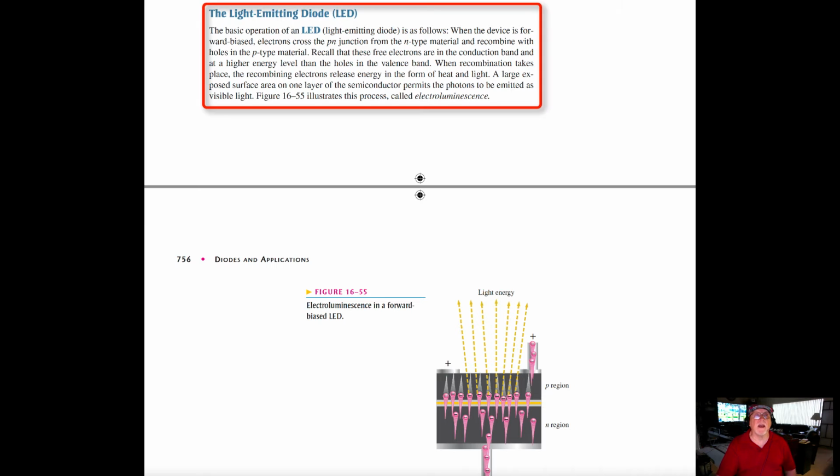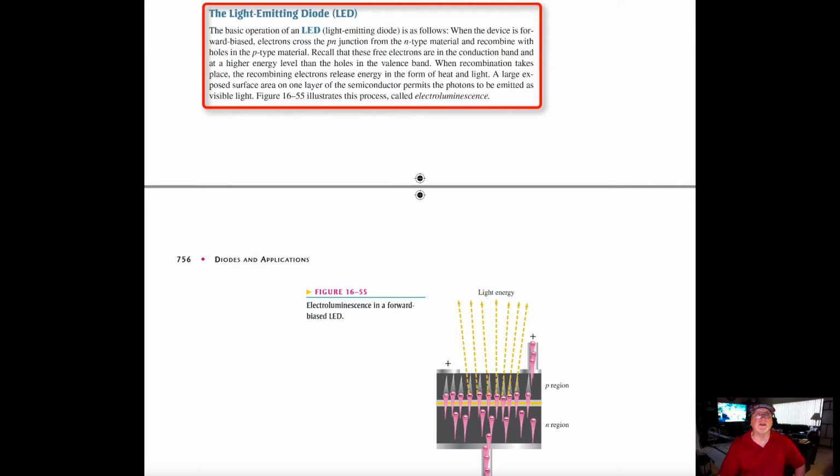The light emitting diode, or LED. The basic operation of an LED is as follows. When the device is forward biased, electrons cross the PN junction from the N material and recombine with holes in the P-type material. Recall that these free electrons are in the conduction band and at a higher energy level than the holes in the valence band.